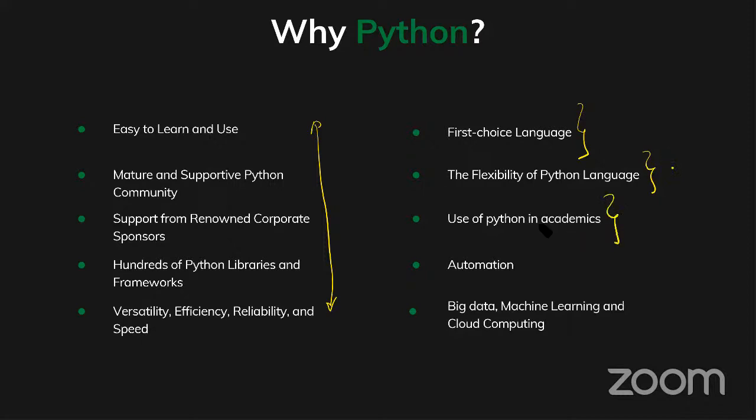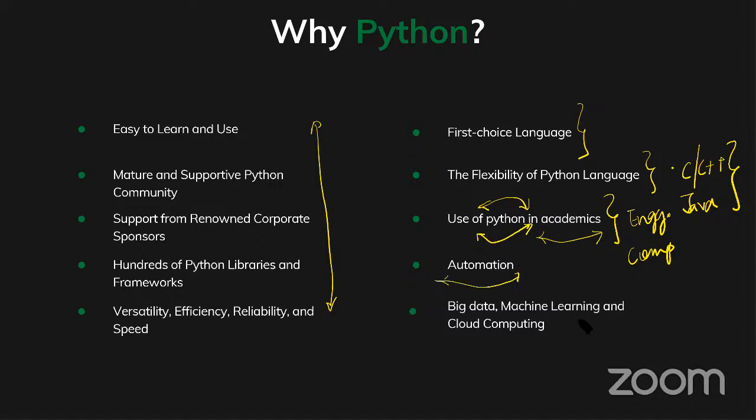You can also see why Python is nowadays booming, because it has also been included in academics. People from an engineering background or computer science background see Python as one of their subjects. Earlier, it wasn't the scenario. Earlier, you had C, C++ and Java, but these days Python is included. So these are some reasons why Python is in such demand.